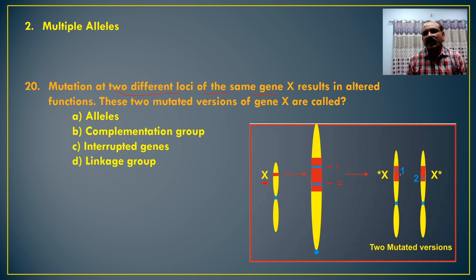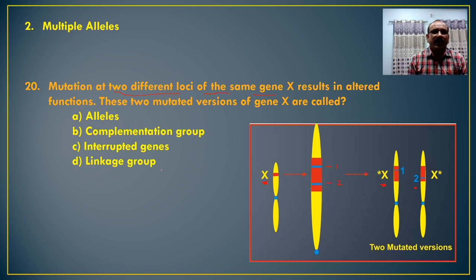Whatever the mutations in the different places, they are present in the same gene. Hence this will be one form of the mutated locus and this will be the second one. So there is a change in one locus of this gene, and here the change is at a different locus but of the same gene. Hence these two mutated versions of the X gene could be called complementation group, alleles, interrupted genes, or linkage groups.